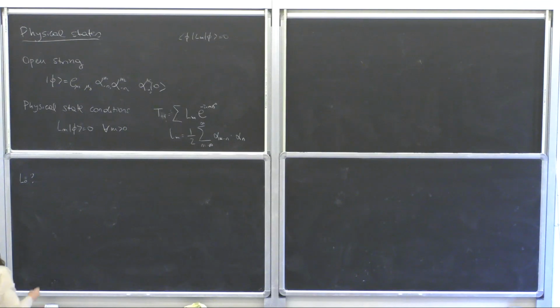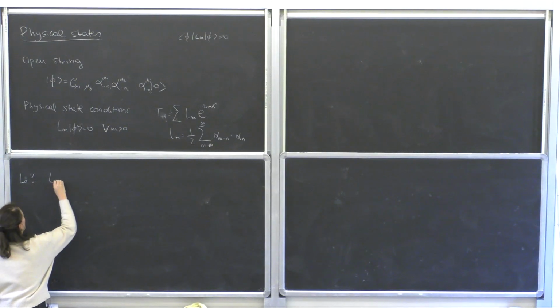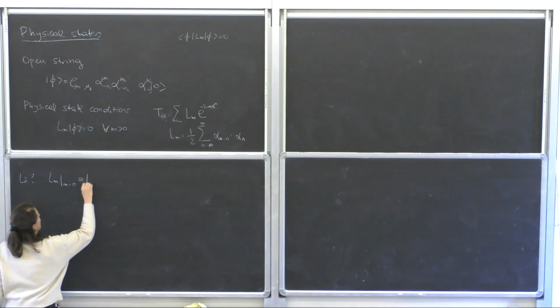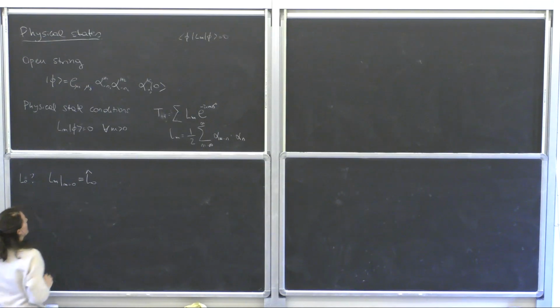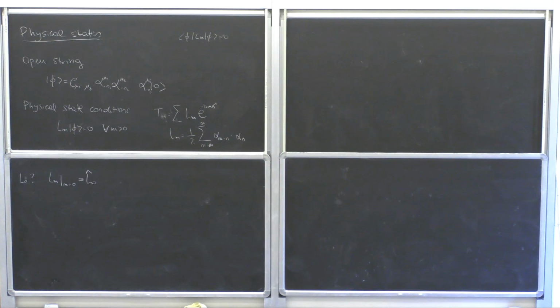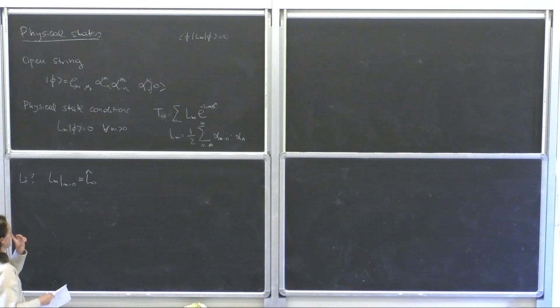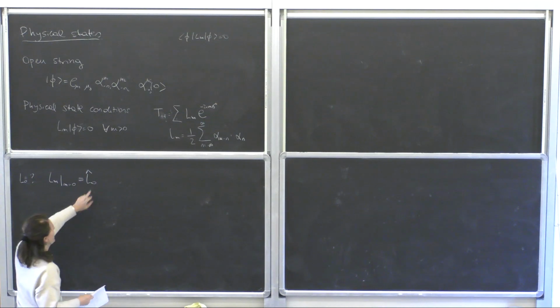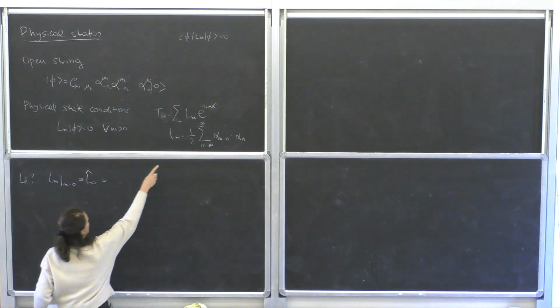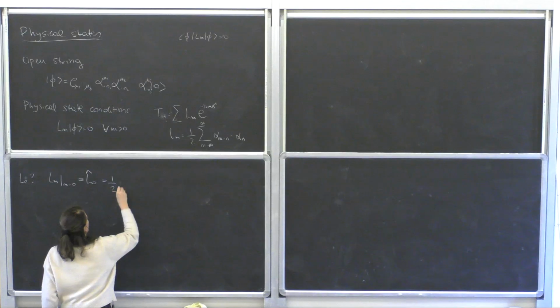So let me call Lm for m equals 0 L0 hat, because L0 will absorb this commutator. So this is by definition L0 hat, and it just corresponds to putting m equals 0 there.